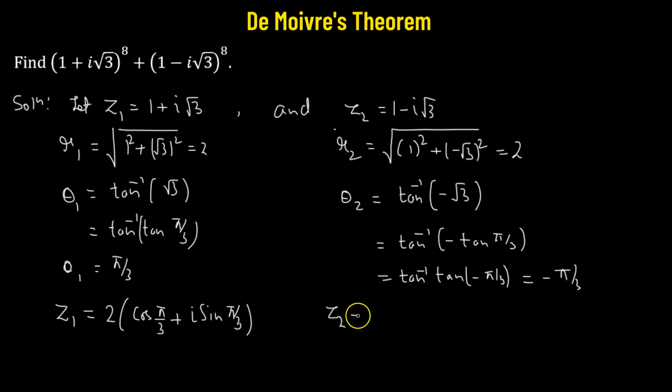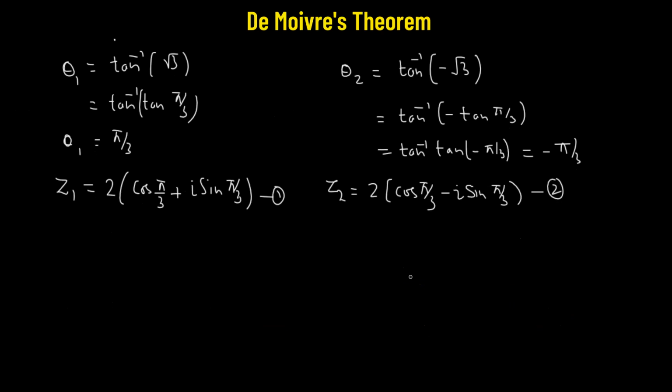So z2 in its polar form will be 2 times cosine of negative pi over 3, but cosine is an even function, so we'll simply get cosine of pi over 3, whereas sine is an odd function, so we'll get negative iota times sine pi over 3. Fine. So let's label this as number 1 and this as number 2.